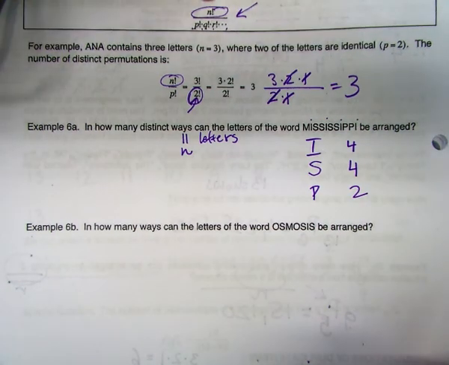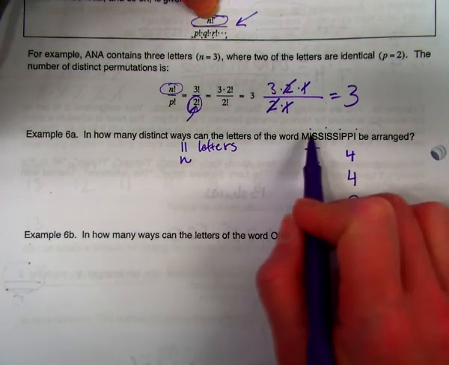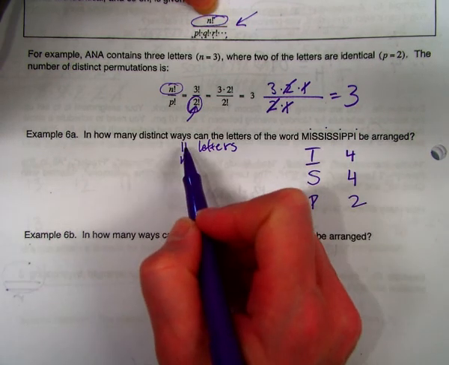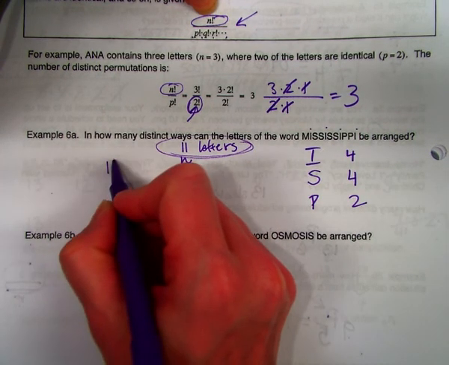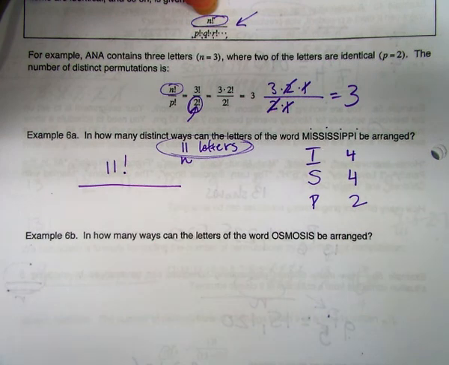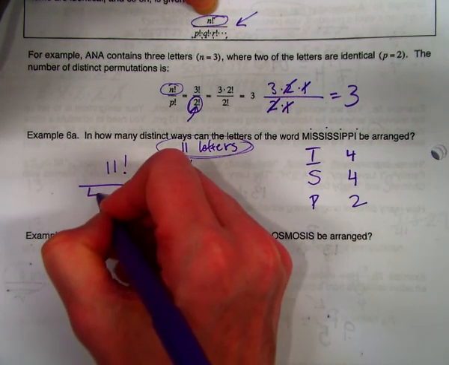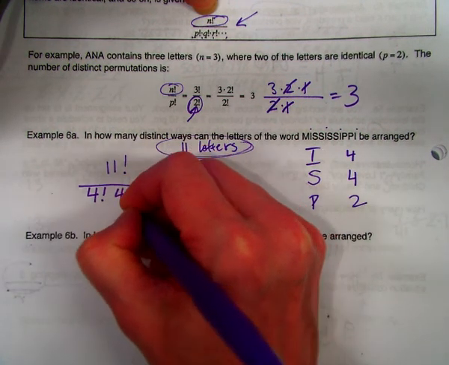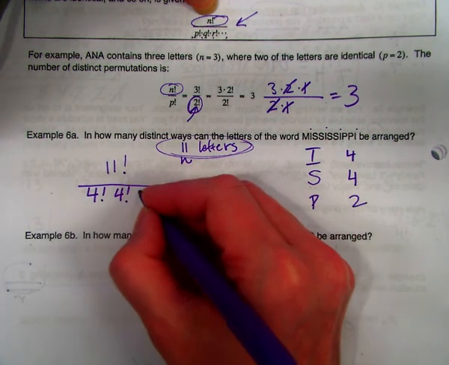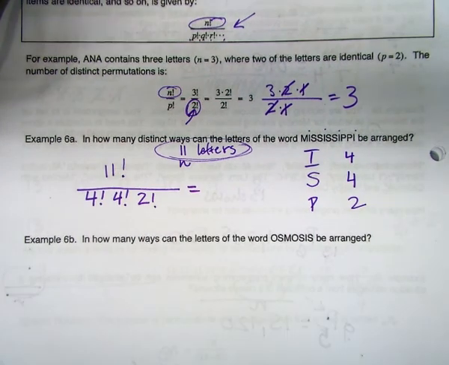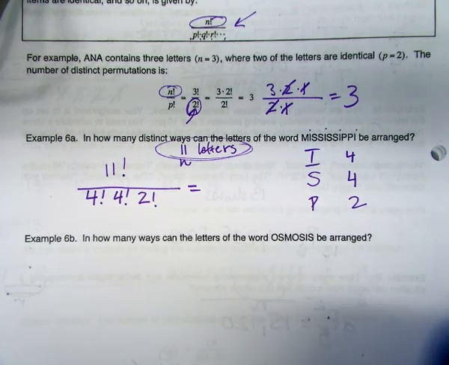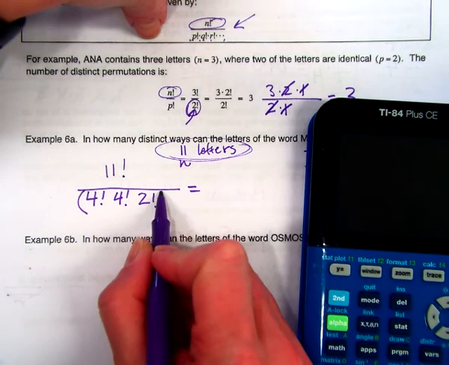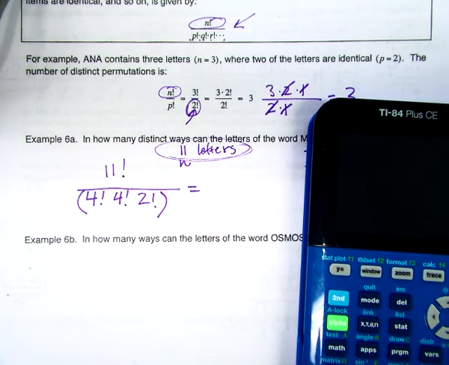So what this formula tells you, how many ways are there to rearrange this? Take the N, whatever your total is, so 11 factorial, and divide it by the repeating letters. So there's 4 I's, so it's 4 factorial, 4 S, so 4 factorial again, and then 2 factorial. And this is where you just use your calculator. You can use the alpha Y, or if you don't have it, you will use division, but then you would have to do parentheses on the bottom.